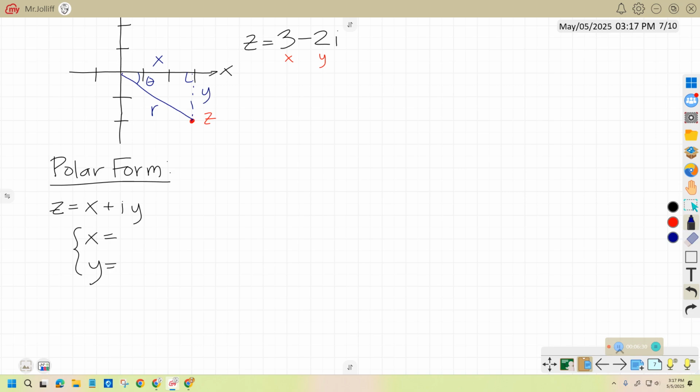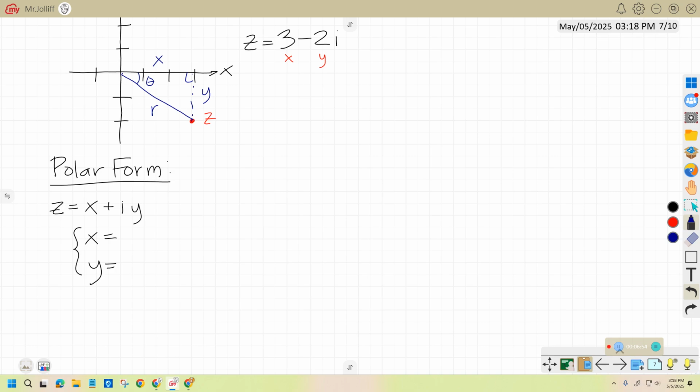Looking at that picture, if I want to rewrite x in terms of r and theta, which trig function would I use? Tan. Ooh, if I wrote tan, tan is x and y, which doesn't introduce an r. It just changes an x into a y, which is less helpful. That's okay.